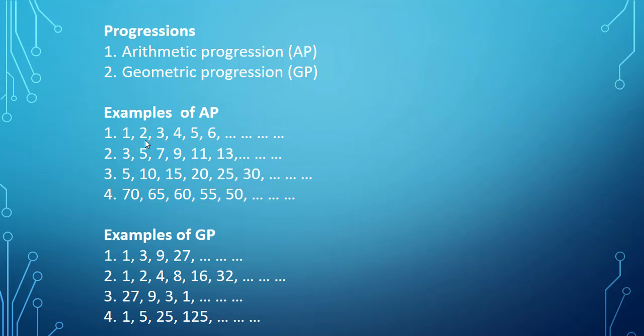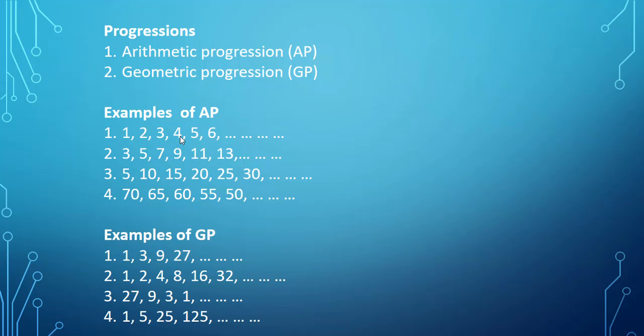In our first example, the sequence is 1, 2, 3, 4, 5, 6 and so on. I think it's really easy to notice that the second number in this series is obtained by adding 1 to the first term of the series. So what we have here is 2. We get this 2 by adding 1, and this 3 we get by adding 1 to the second term.